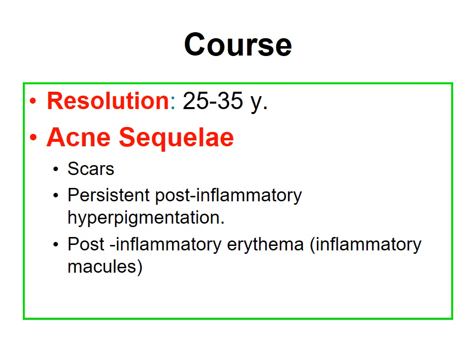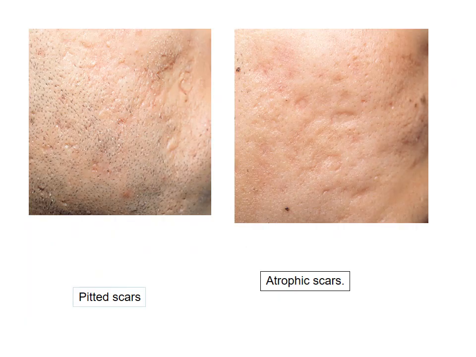Acne sequelae. A big question: why are you treating acne? To avoid the sequelae. Our point is to avoid scars, persistent post-inflammatory hyperpigmentation and post-inflammatory erythema, because these are disfiguring sequelae of acne, and our concern is to avoid these complications by proper treatment.